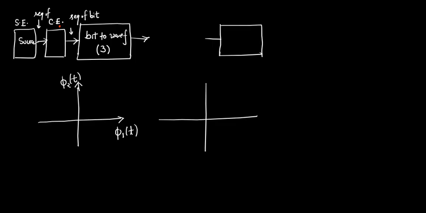And if we represent those 4 waveforms using this, we can put it like this. So this is maybe corresponding to 0 0, this might be corresponding to 0 1, this might be corresponding to 1 0, and this might be corresponding to 1 1, or this might be 1 1, and this.